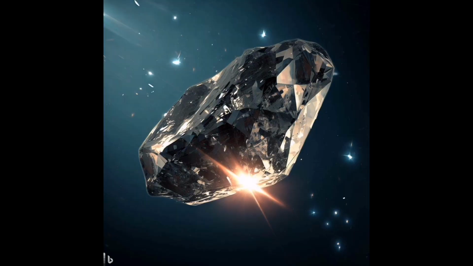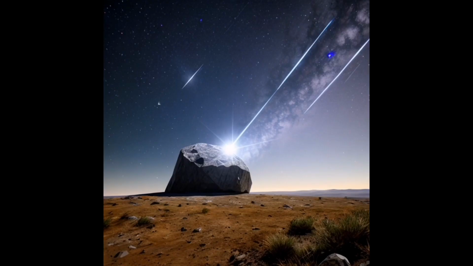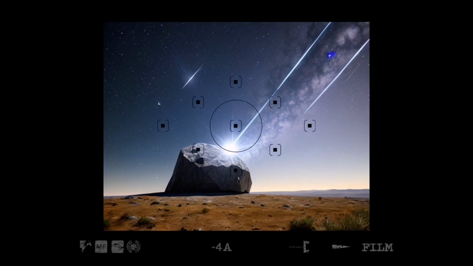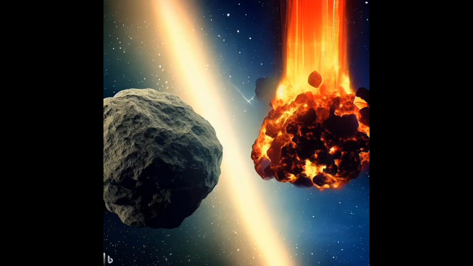A third way that breccia can form in meteorites is by shock metamorphism, a process that changes the structure, texture, and properties of rock under high pressure and temperature, caused by impacts or explosions in space. Shock metamorphism can cause fractures, deformation, melting, recrystallization, or chemical reactions in rocks.